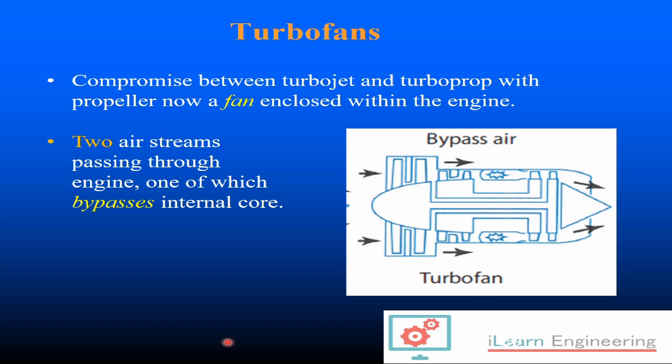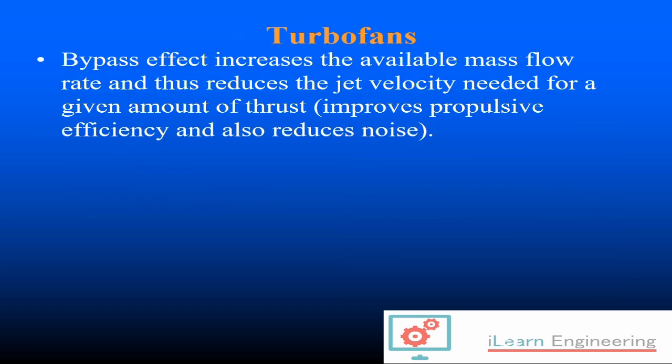The effect of that bypass is that it increases the available mass flow rate, and therefore it reduces the jet velocity needed for a given amount of thrust. So if you remember our thrust equation right from the beginning, it depended on either the jet velocity or the mass flow rate.